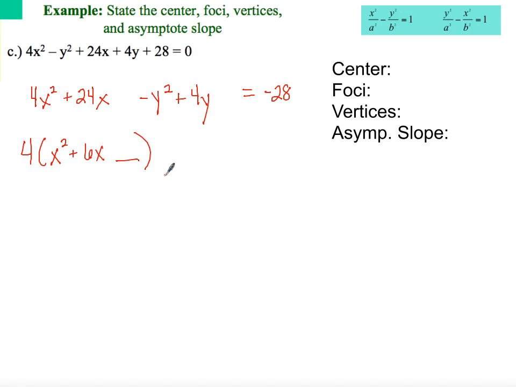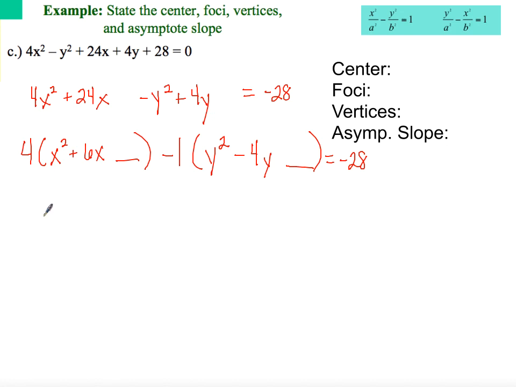But remember that we want a positive 1 leading coefficient. So even though it seems like we don't need to factor anything out, I'm going to take out a negative 1 because I want a positive y squared inside those parentheses. Now when I do that, notice that that changes the 4y to be a negative 4y, and likewise I'm going to leave a space at the end, equals negative 28.